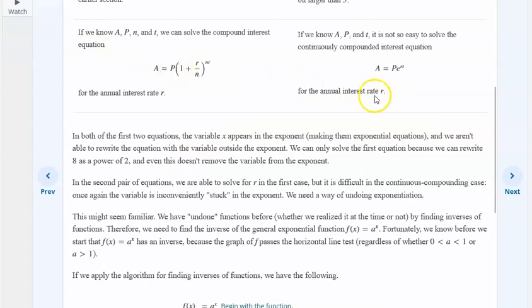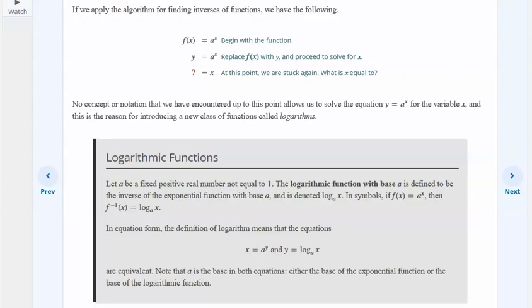Here are other formulas that we've used where we're involving exponents. Take a moment to read this, and then we'll go on. And the rest of it. Now, the items that we're going to introduce, where we had the traditional formula here, y equals a to the x. This is exponential.